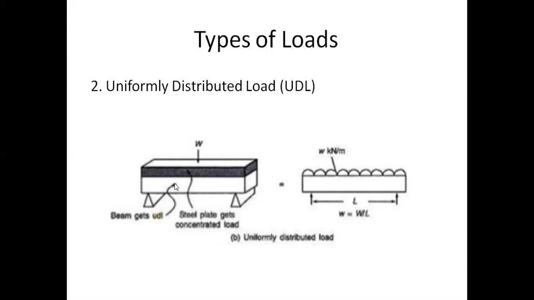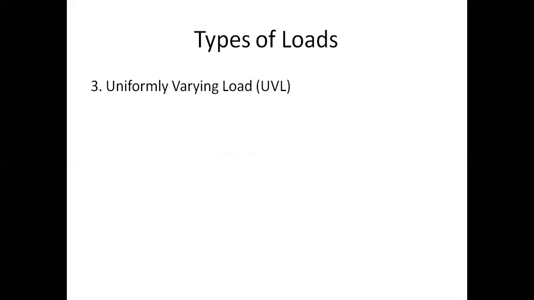We give the concrete, a mixture of steel and concrete, with some width. So this entire span will have a uniformly distributed load. It will be indicated like this. That means the load is there for the entire span. That's why it is called uniformly distributed load, or UDL.